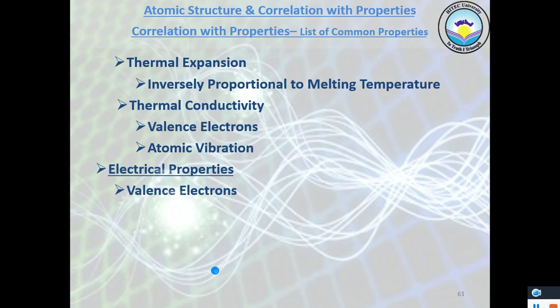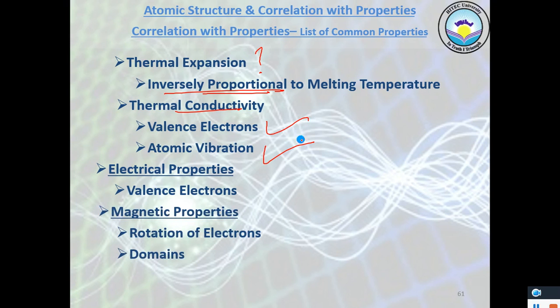Similarly, thermal expansion is inversely related, and thermal conductivity depends upon the valence electrons and atomic vibration. The higher the valence electrons, the higher the vibration of materials, the higher the kinetic energy, the higher the thermal conductivity. Similarly, for electrical properties, the higher the valence electrons, the higher the electrical property.